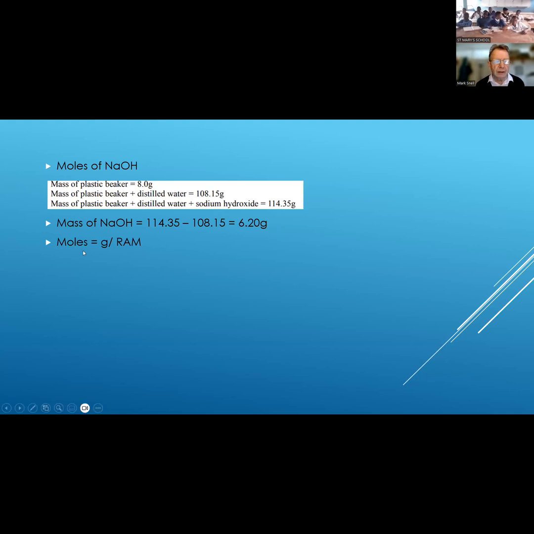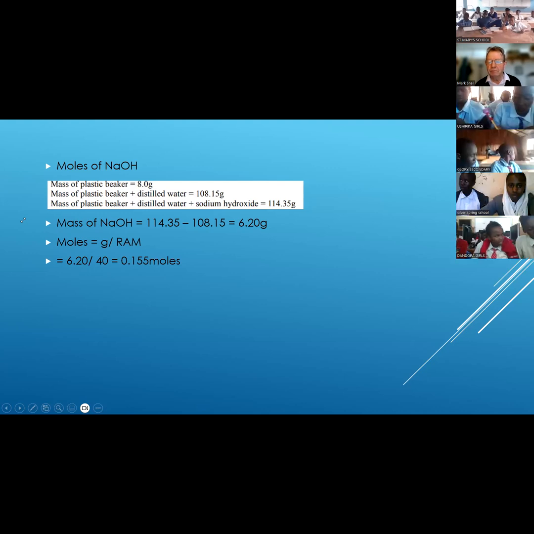Moles is grams over relative atomic mass, RAM, relative mass, molar mass, whatever you want to call it. So that's going to be 6.2 divided by 40. Sodium is 23, oxygen is 16, hydrogen is 1. So it's 6.2 divided by 40, which is 0.155 moles.